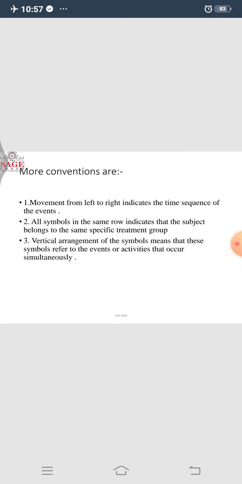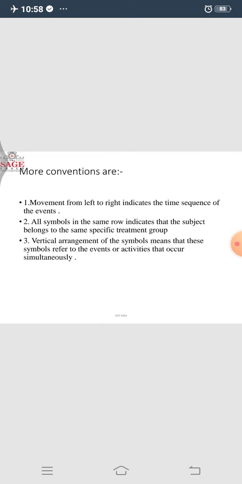Now there are certain conventions that we have to follow. Movement from left to right indicates a time sequence of events. When we write the experimental design, as we'll see in our coming classes, moving from left to right means time has passed between the two symbols.